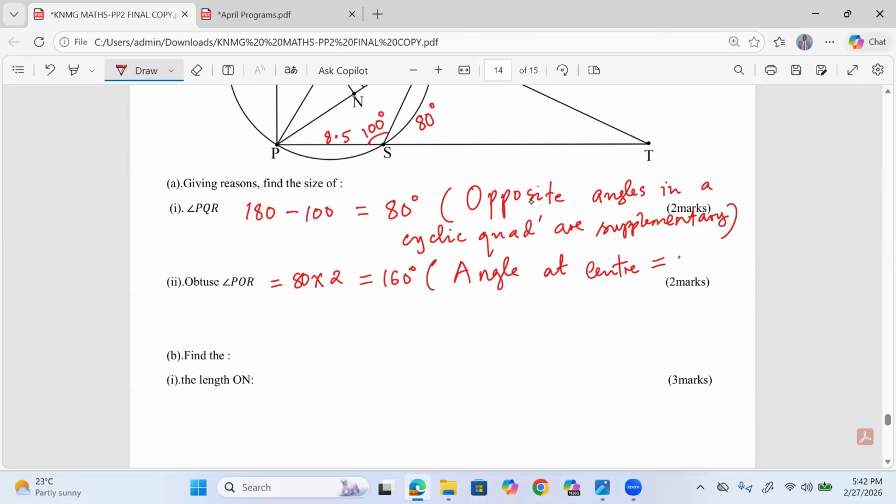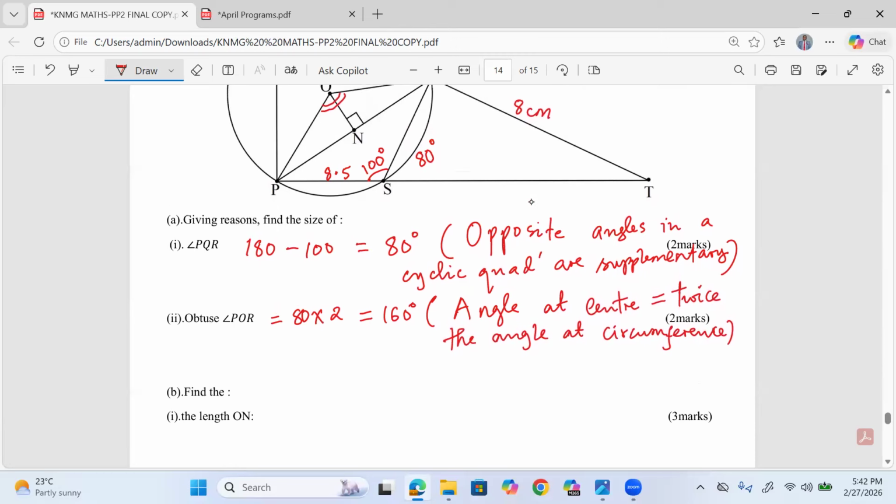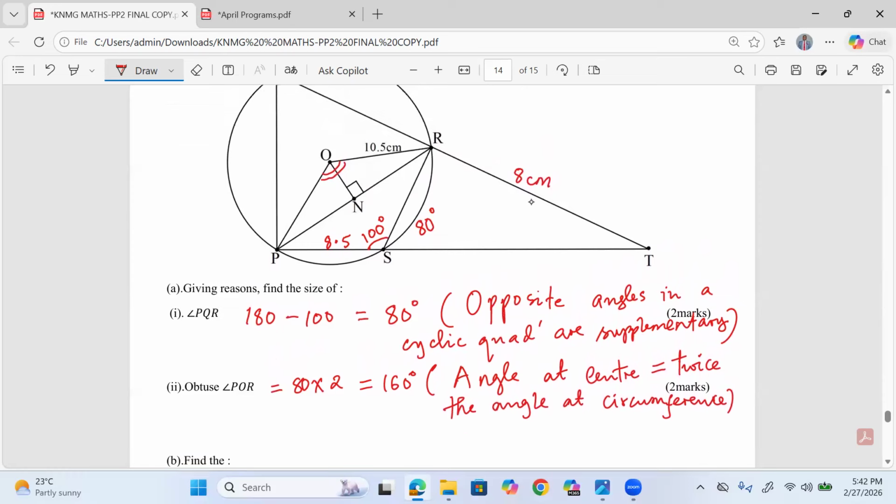The angle at the center is usually twice the angle at the circumference. Is that clear? The angle at the center is twice the angle at the circumference.